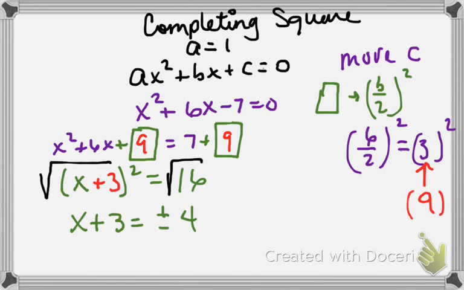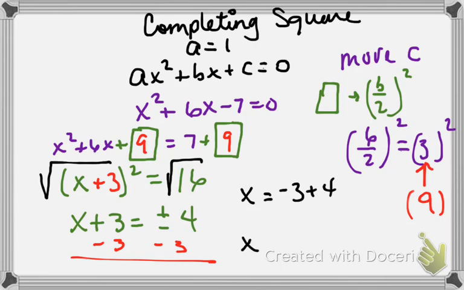I'm going to subtract 3 from both sides. So here are my two possible answers. I have x equals minus 3 plus 4, and then I have x equals minus 3 minus 4. So this one, of course, is minus 7. This one is going to be 1.